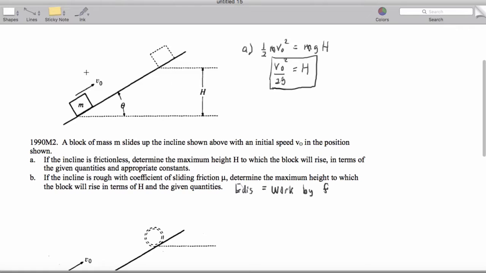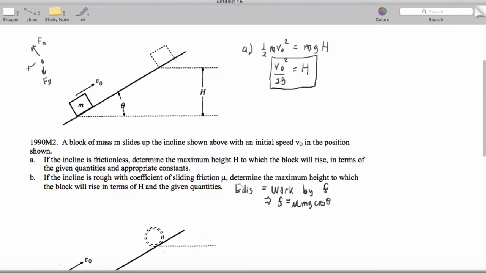And since this is an inclined plane, I'm hoping that we're at a stage here where we feel comfortable saying that mu times the normal force is the force of friction. So we can say the force of friction is going to be mu mg cosine of theta. For those of us who are still a little rusty on that, remember this is Fn, this is Fg.